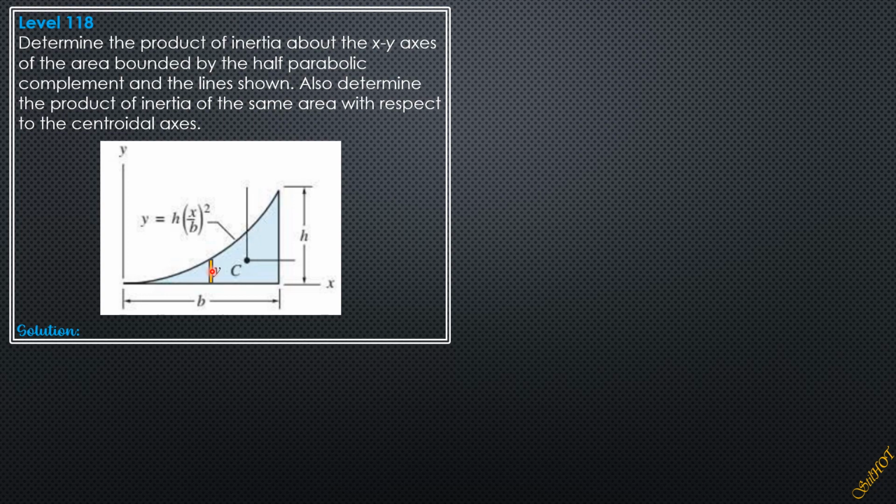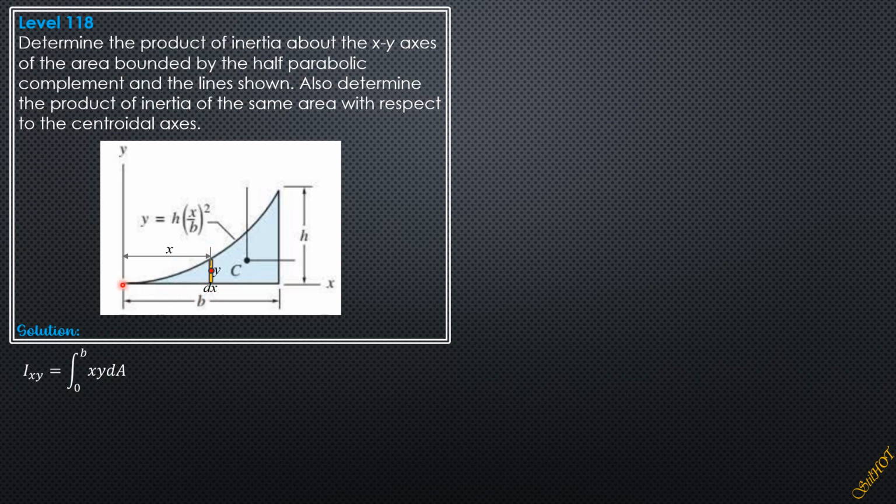The centroid is here. So the distance of the strip from the y-axis is just x, and the centroid is, of course, half of the rectangle. Therefore, the y-coordinate of the centroid of the element is y over 2. So Ixy equals the integral from 0 to b of xy dA. The limits are 0 to b because the variable of integration is x.